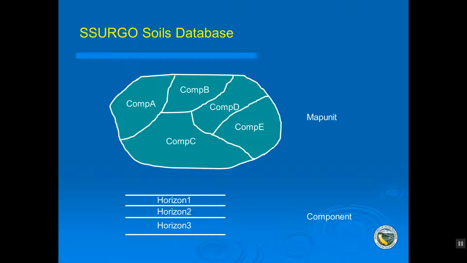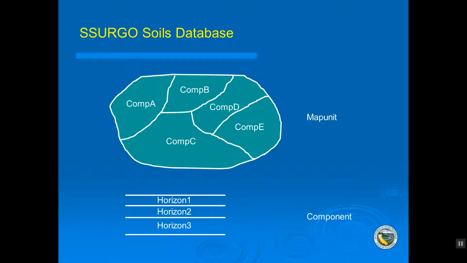Then each of these components, in the vertical, are divided into what they call soil horizons. And that's where our soil properties are actually listed. They have a table called chorizon, I think. In those, they basically say, okay, this particular component has, let's say, 5 horizons. The thickness of each of these horizons is this.